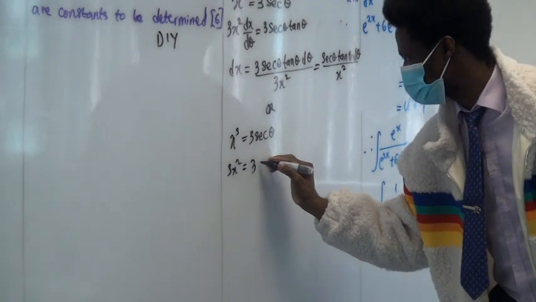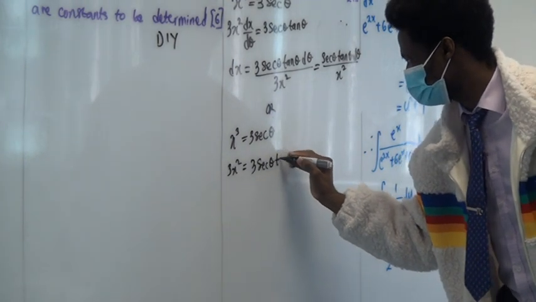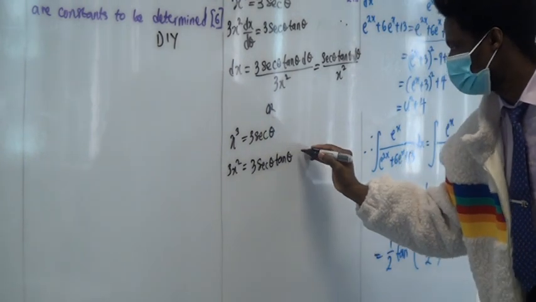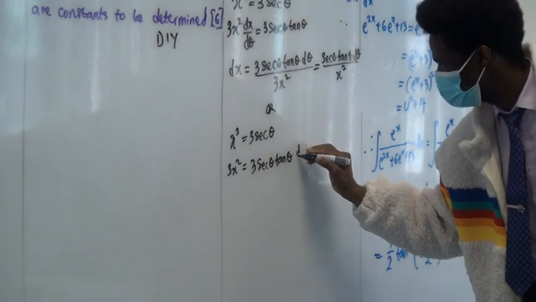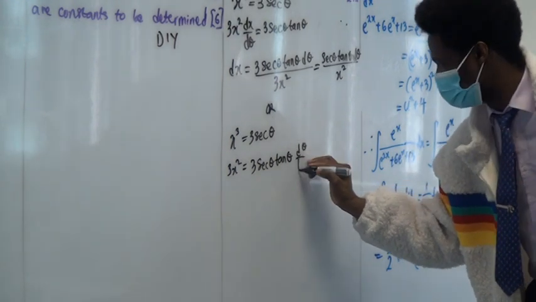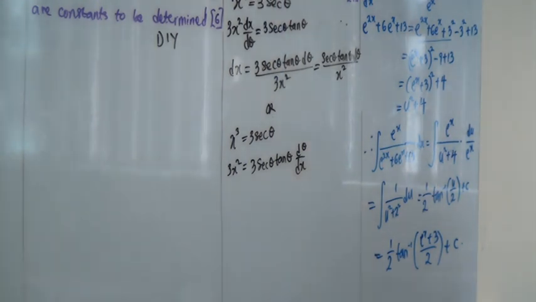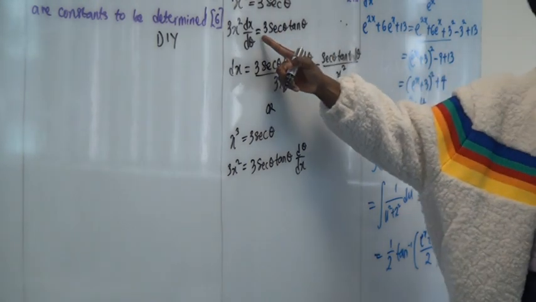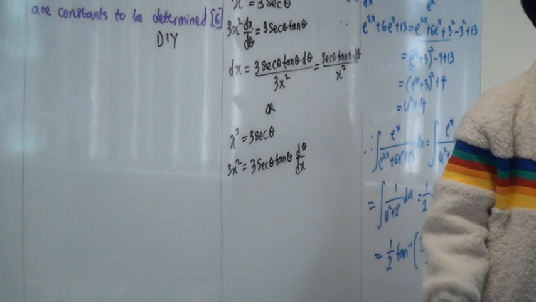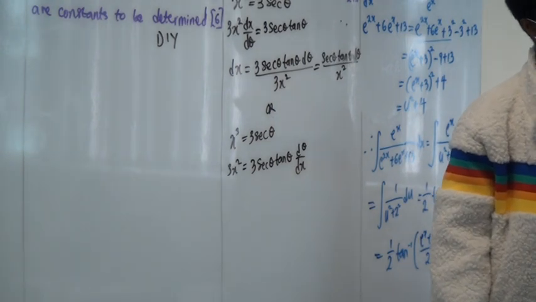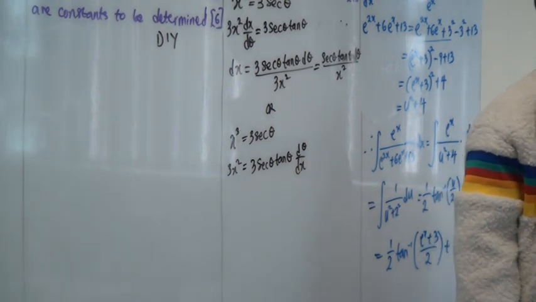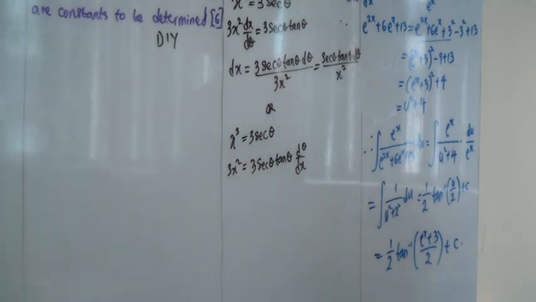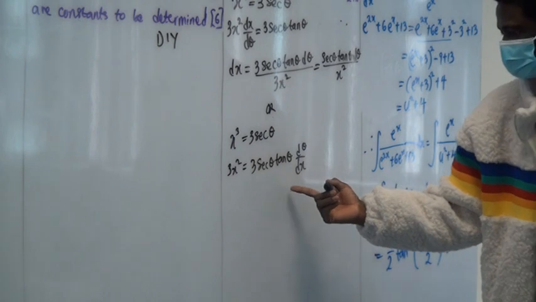So this will be 3 sec theta tan theta d theta dx. It is exactly the same thing I did here, but here I assume my x is that dependent variable y. Anytime you differentiate a function involving that dependent variable, you apply dy dx. So the same thing here.